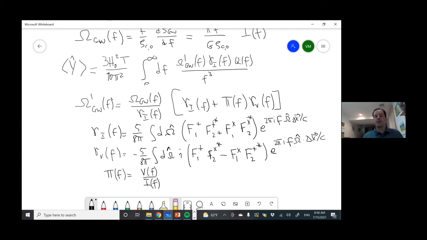And so you can think of this omega prime as the original omega, the original energy density, distorted, if you like, or convolved by the new overlap reduction that includes the polarized term. So in the way we're doing the analysis now, the expected value of y is no longer simply the energy density in gravitational waves, but the energy density distorted a little bit by the presence of polarization in the background.